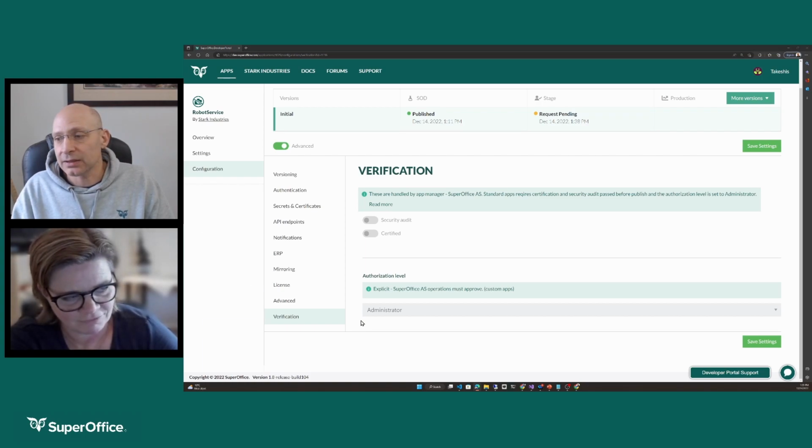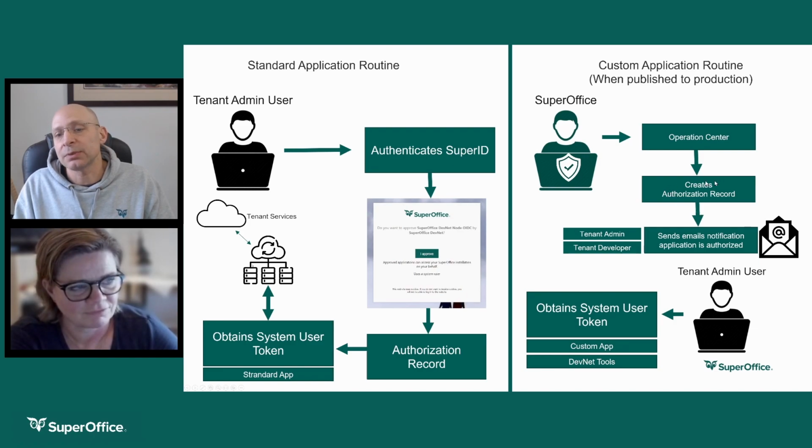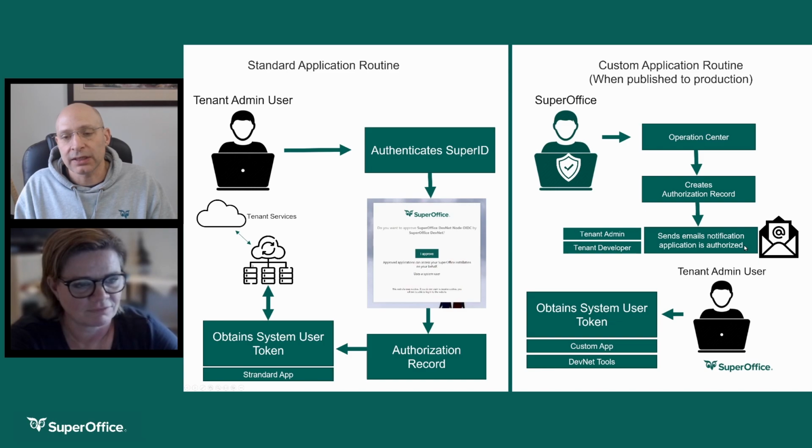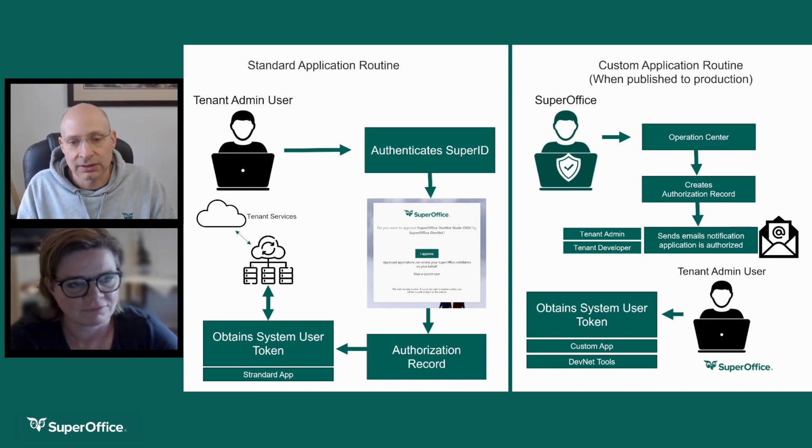That comes back to the diagram here, where she explicitly creates this authorization record, which is a contract between that tenant and that application. She'll send off an email notification that this application has been authorized to go into production to both the tenant administrator and the tenant developer for that application. The tenant administrator will then have all of the information needed to obtain the system user token using DevNet-Tools, for example.